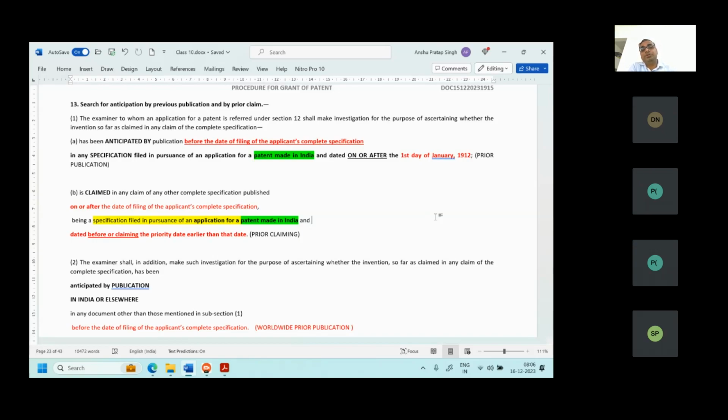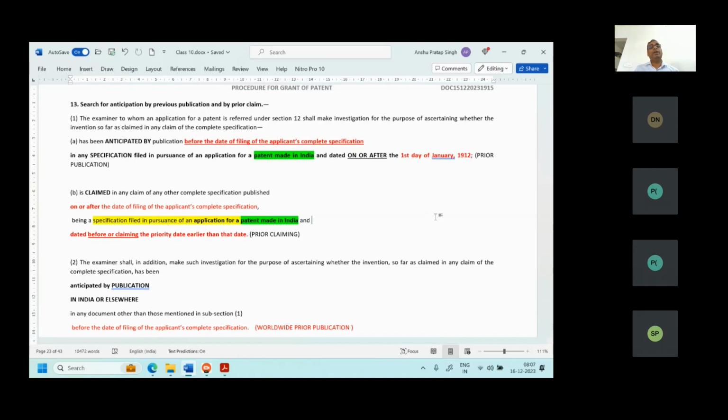Earlier, all that was the British UK acts which were governing us. So that was the first act, and so officially your patent started after 1st January 1912. Though you were making applications, they were under a different law, not Indian law. So that's why there is a date 1/1/1912.